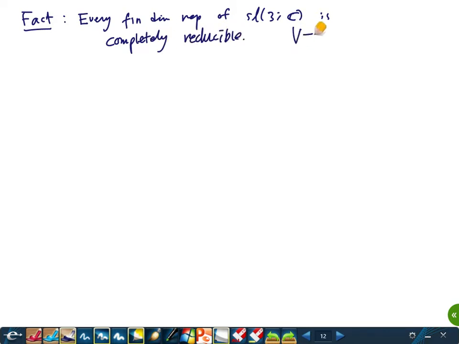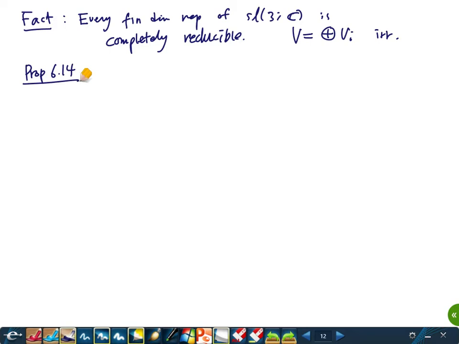This means V is always a direct sum of irreducibles. That's what completely reducible means. This can be proved, but we're not going to do that, and we'll just accept this fact.